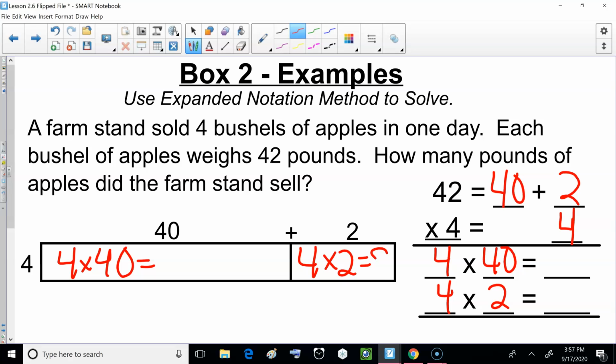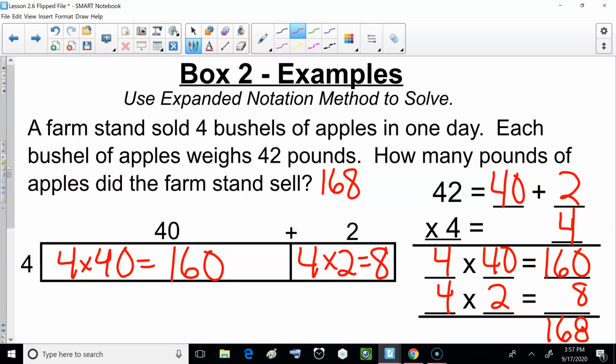So 4 times 2 is 8. 4 times 4 in the tens place value would be 16 tens. So that means 160. We add those numbers up, we would get 168. The same thing here, we have 4 times 40 would be 16 tens, which would give us 160. 4 times 2 is 8. We add those together, we get 168.